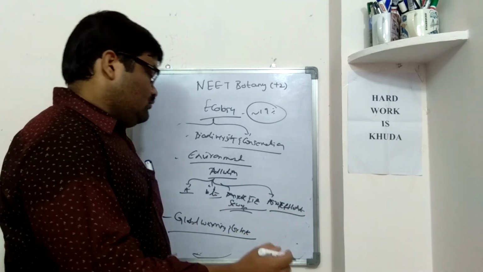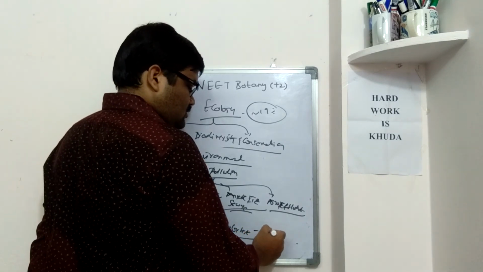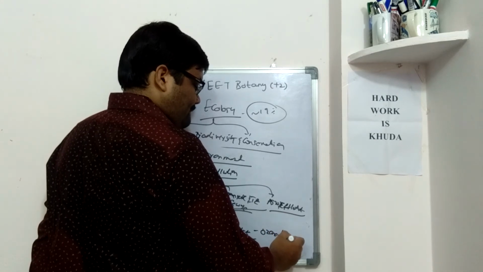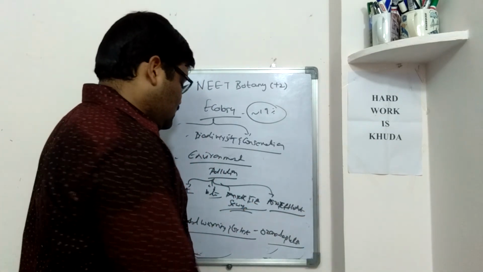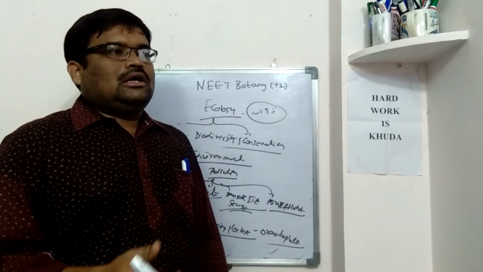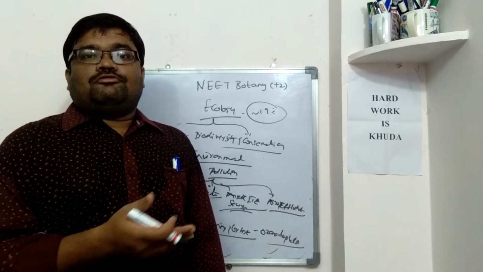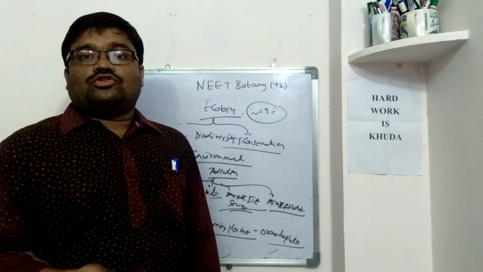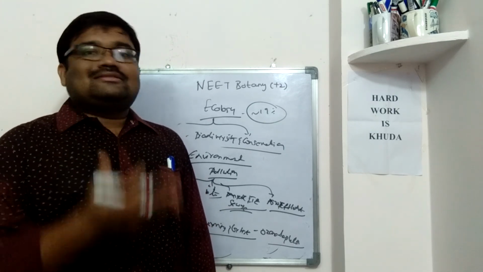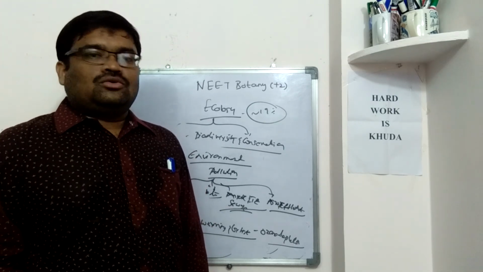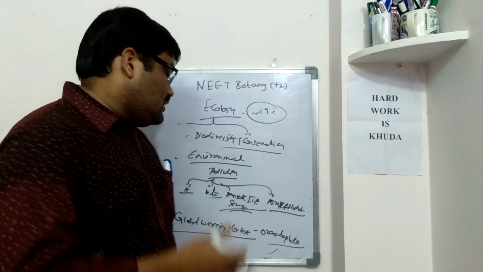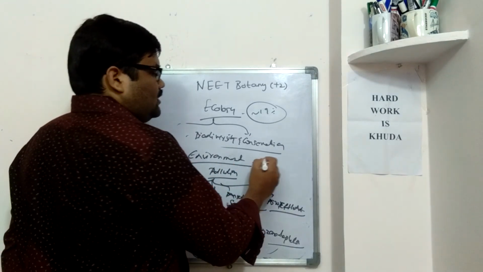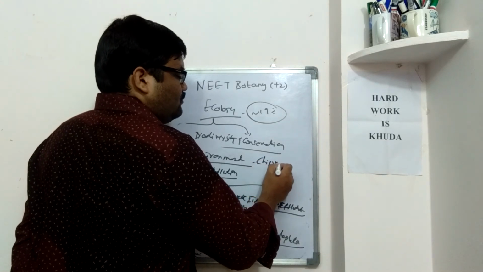This is very important. Ozone depletion. That means the Montreal Protocol. There are different summits, like the World Summit on Sustainable Development 2002 at Johannesburg, the Earth Summit 1992 at Rio de Janeiro, and the Montreal Protocol to contain ozone depletion. And conservation case studies like the Chipko movement. We have to understand these.